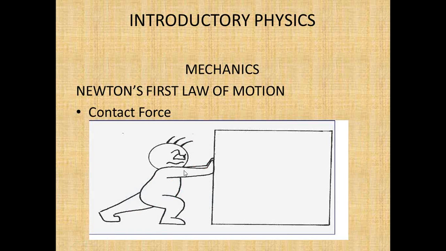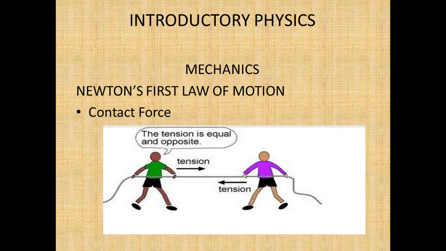Again, if you push on an object, that's an applied force, that's a contact force. And if you pull on a string, this person is pulling, this person is pulling, there's a force that's going to pull this individual this way, and a force that's going to pull this individual that way. That's tensional force.